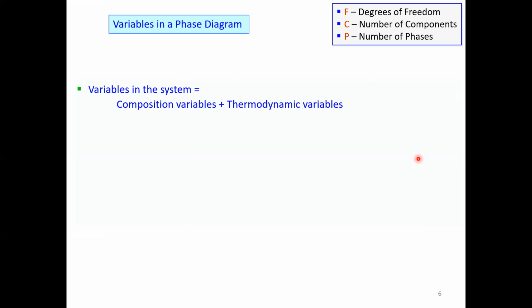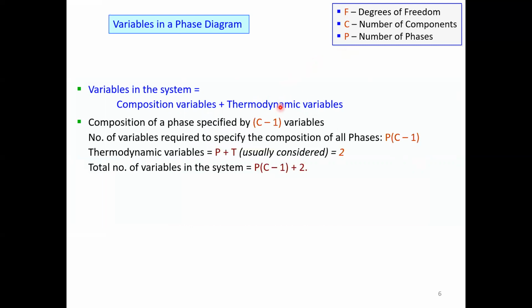So variables present in the system are composition variables, plus the thermodynamic variables. How many composition variables are available to you? In each phase, there are C-1 composition variables. For example, if you take mole fraction, if there are n components, x1 is the mole fraction of component 1, x1 plus x2 plus x3 up to xn should add up to 1, right?